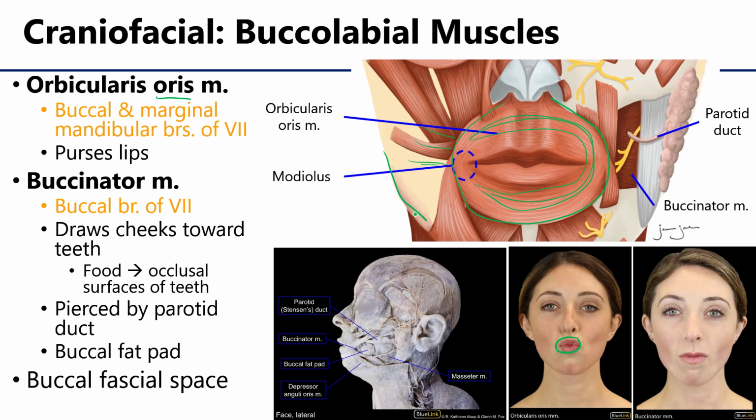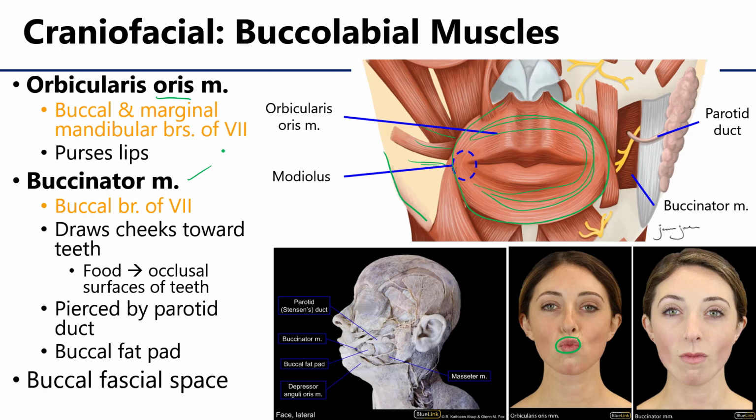The next muscle, I really like this one a lot. This is the buccinator muscle. So the buccinator muscle is the major muscle of the cheek. So this muscle goes superiorly to the maxilla, inferiorly to the mandible, posteriorly to the pterygomandibular raphe, which connects to the superior pharyngeal constrictor.